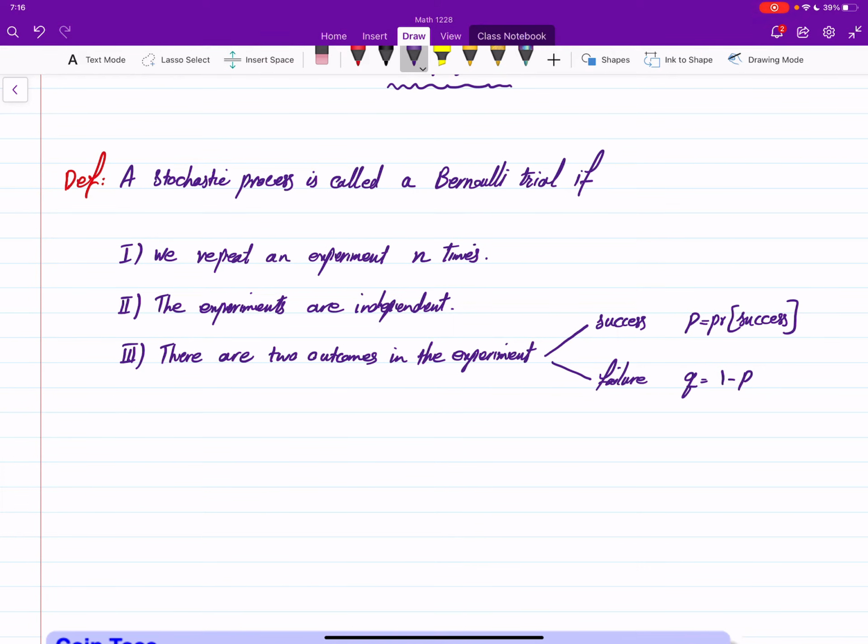So if your stochastic process has these properties, then you don't need to do the trees or what we did up above.